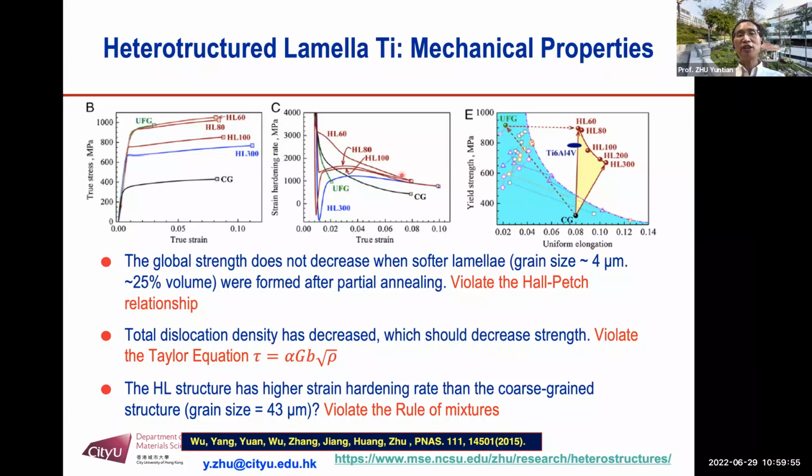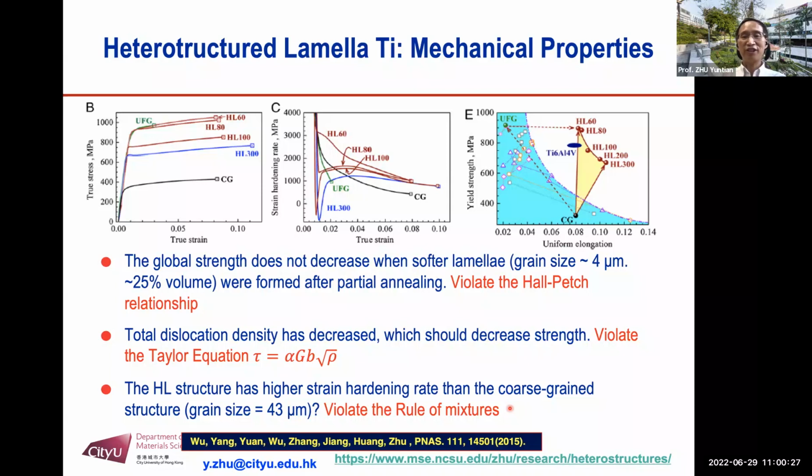Then we look at the strain hardening rate. This black line is the strain hardening rate of coarse grained titanium. This green line is the strain hardening rate of ultrafine grained titanium. When you look at the heterostructured titanium, it's higher than both of them. It totally violated the rule of mixtures. So this violates every principle we have learned from our textbooks and from the literature.